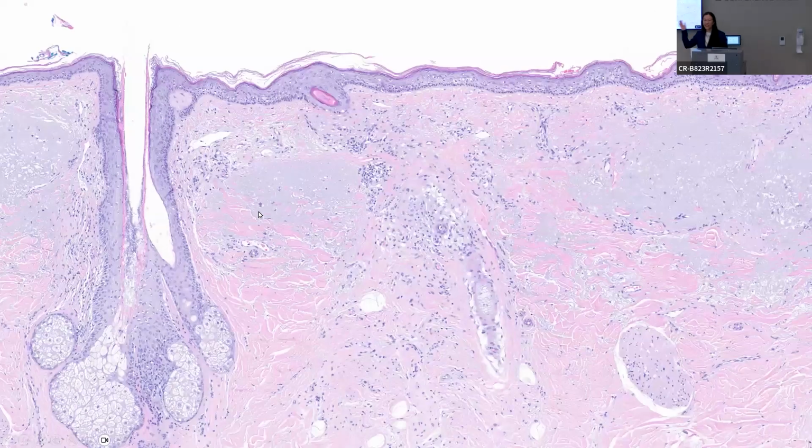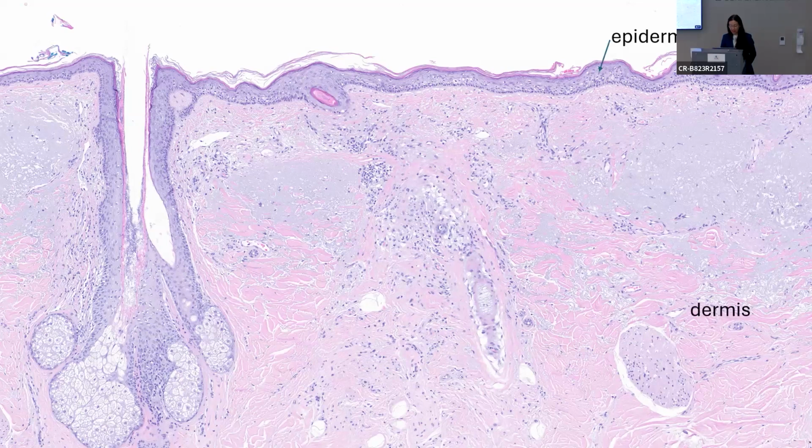Okay, so this is a histologic image of the skin. Just to orient everyone, the purple part at the top is the epidermis, the outermost portion. Then here we have the dermis. Here's a hair follicle. There's some solar elastosis here. We'll highlight that. Sebaceous glands.